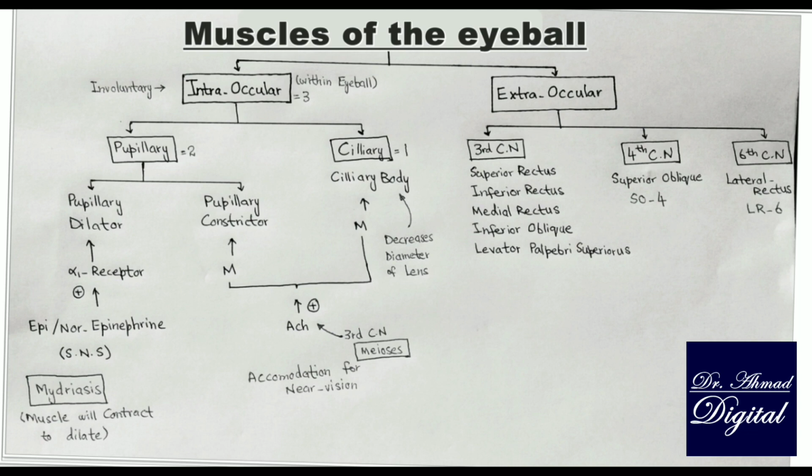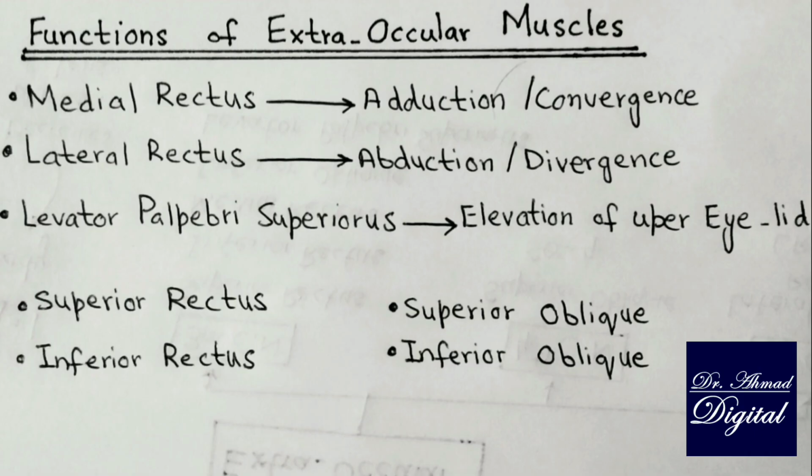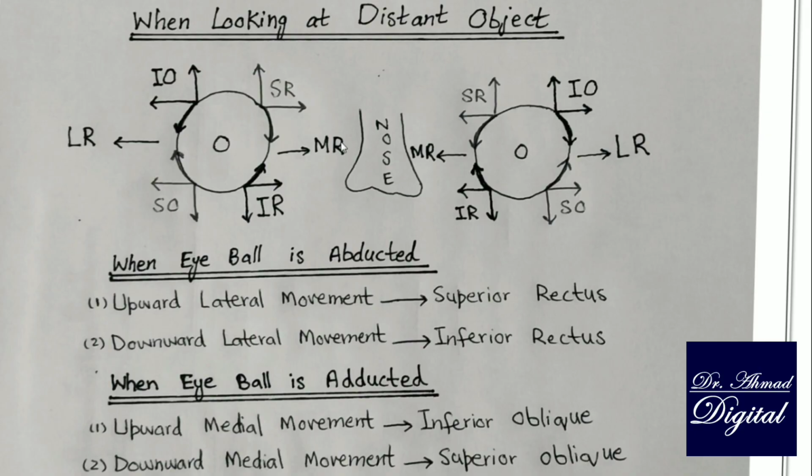And the fourth feature, the downward lateral gaze, is because of the paralysis of these four muscles. We can understand this from this diagram. So the superior rectus is paralyzed, the inferior rectus is paralyzed, the medial rectus is paralyzed, the inferior oblique is paralyzed.